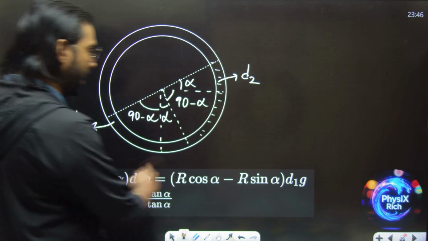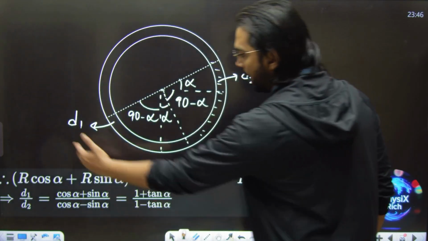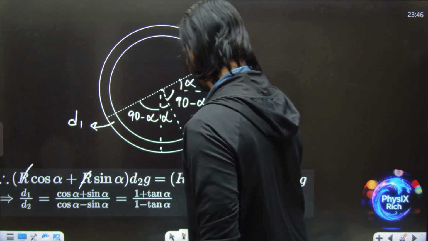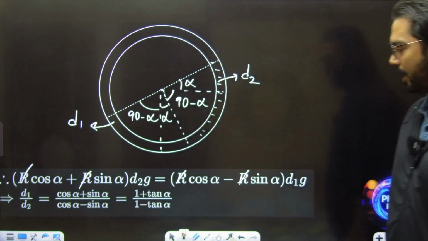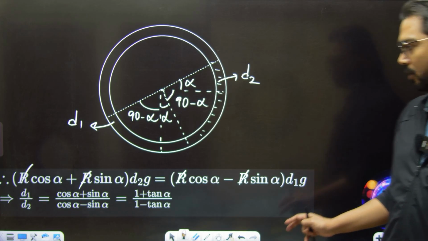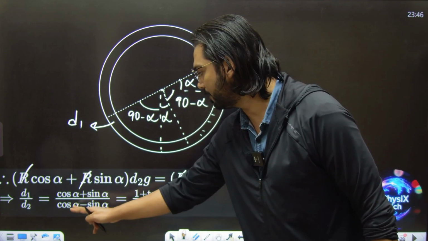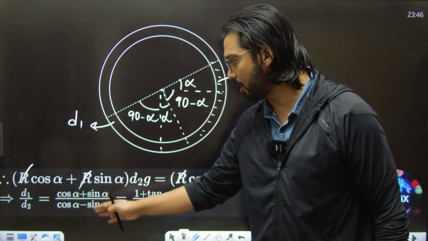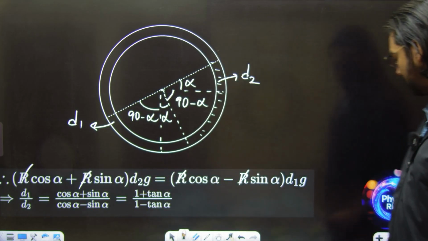And then when I equate it, you see all the r terms will get cancelled. Then simply you'll get the ratio of d1 and d2 as cos alpha plus sin alpha upon cos alpha minus sin alpha. You divide both numerator and denominator by cos alpha, and you get this answer.